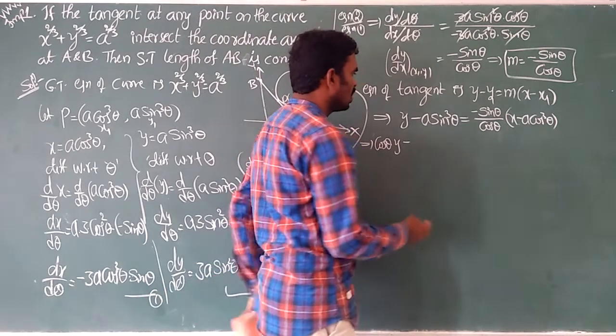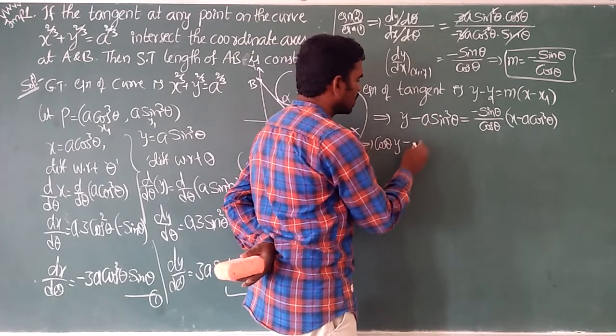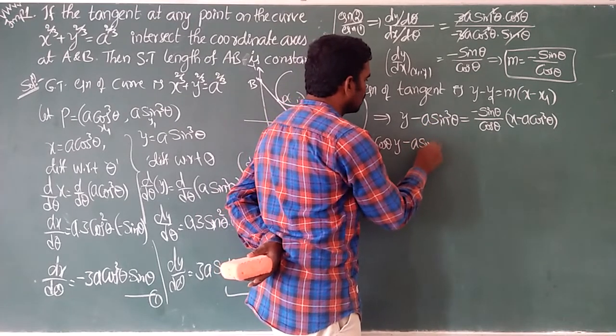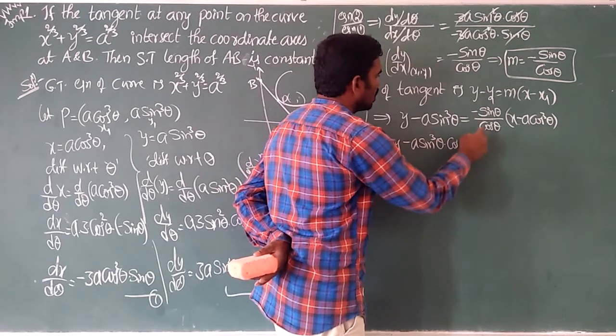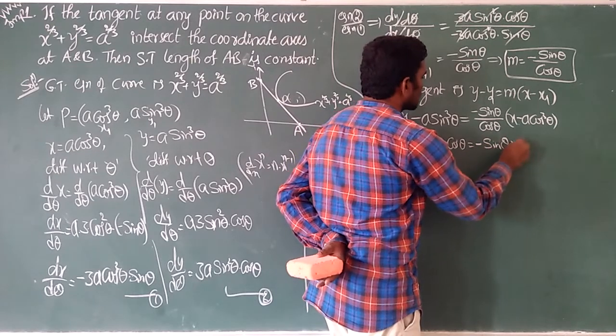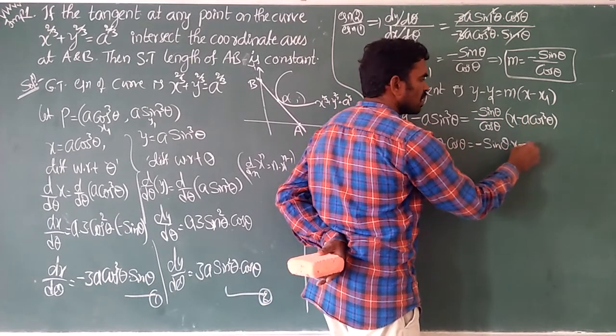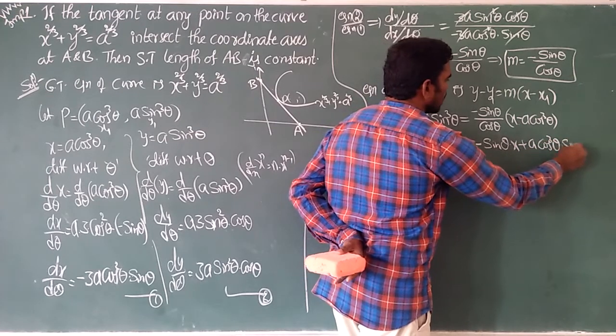Okay, cos theta into this a sin cube theta becomes a sin cube theta cos theta, is equal to minus sin theta into x, minus sin theta into minus a cos cube theta becomes plus a cos cube theta sin theta.